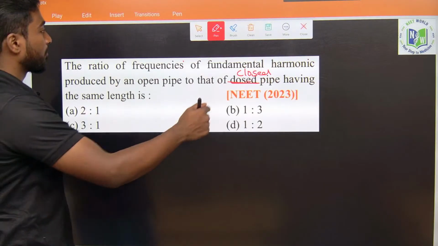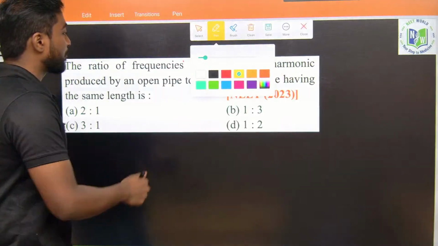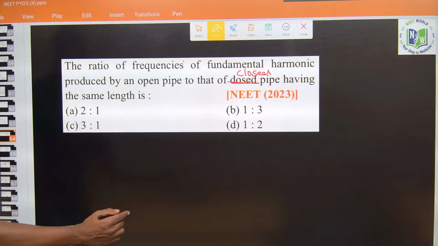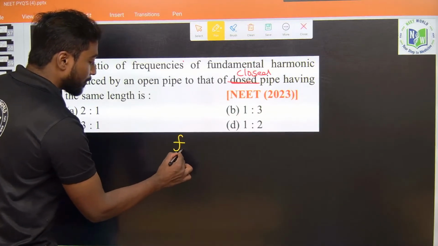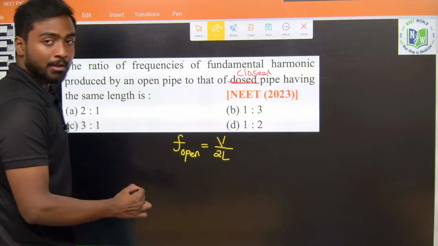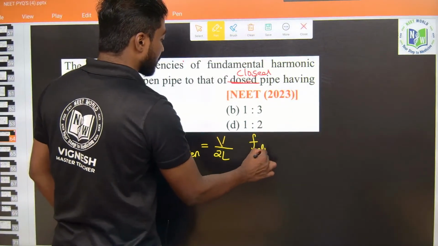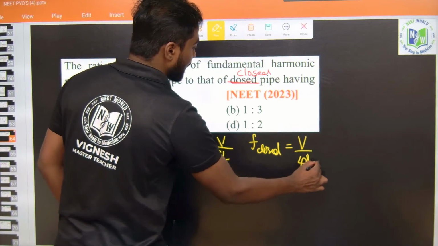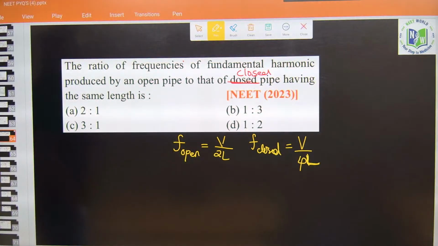So what is the formula for the frequency of open pipe and closed pipe? Can you give the answer? Yes, the frequency of open is nothing but V by 2L, and for closed it is V by 4L. That's it. They have said that length is the same.